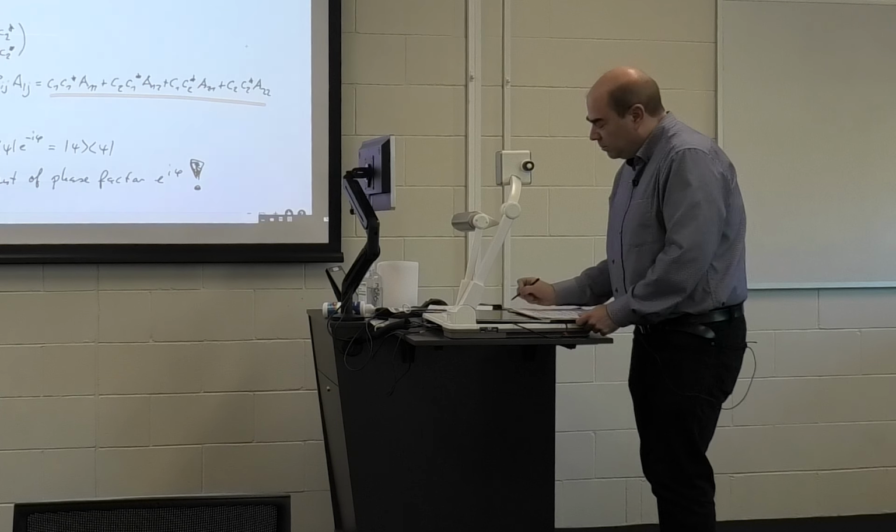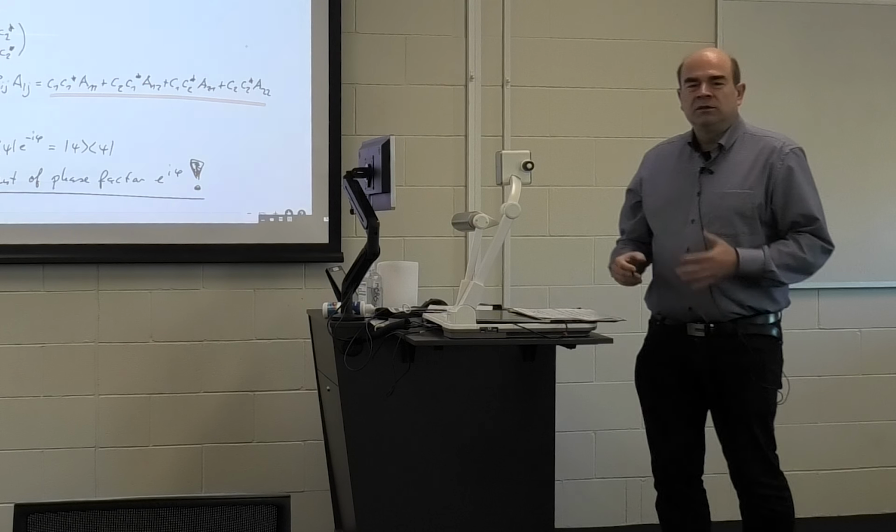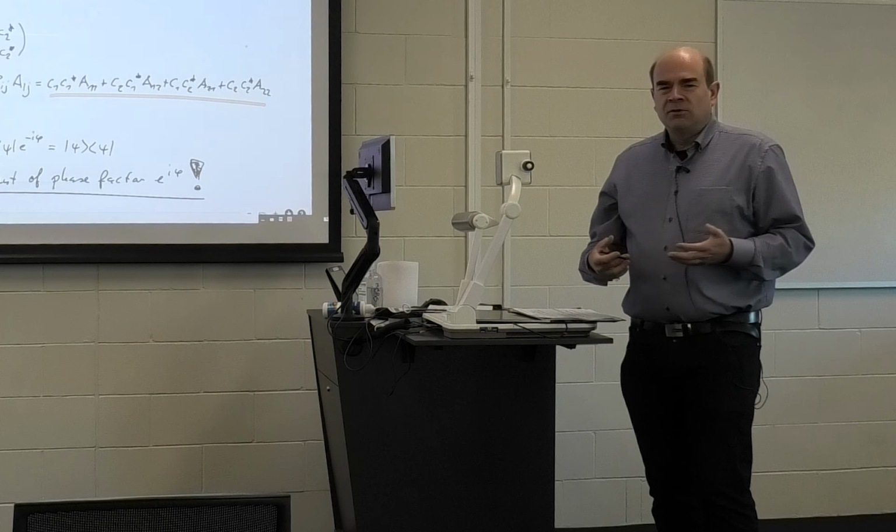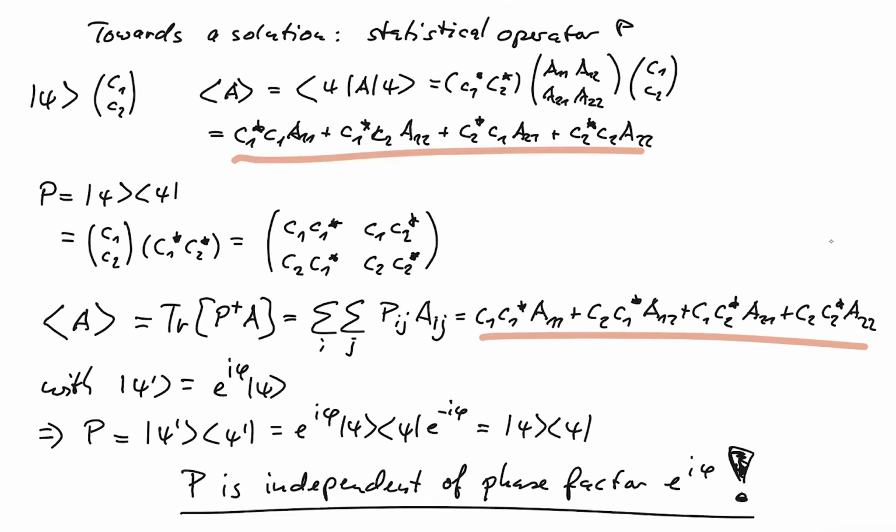And this is a very important result, because with this operator now, we can describe many spins. But what does this statistical operator actually represent? How can we interpret the data?